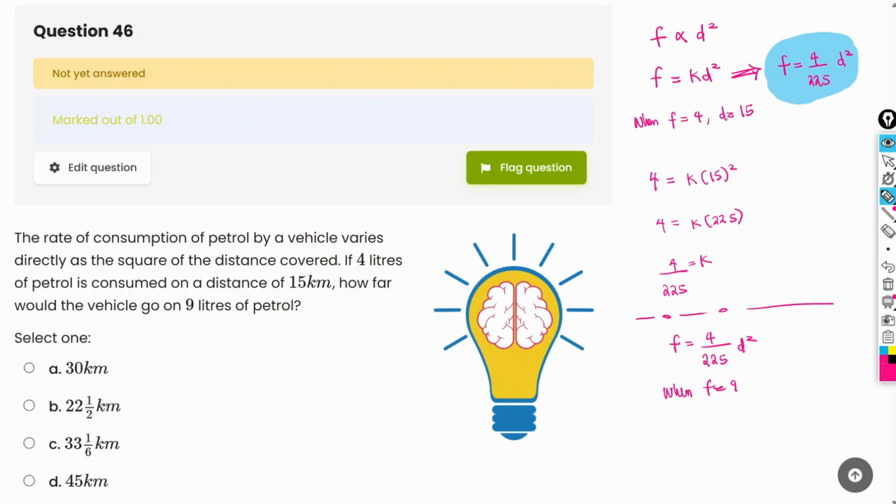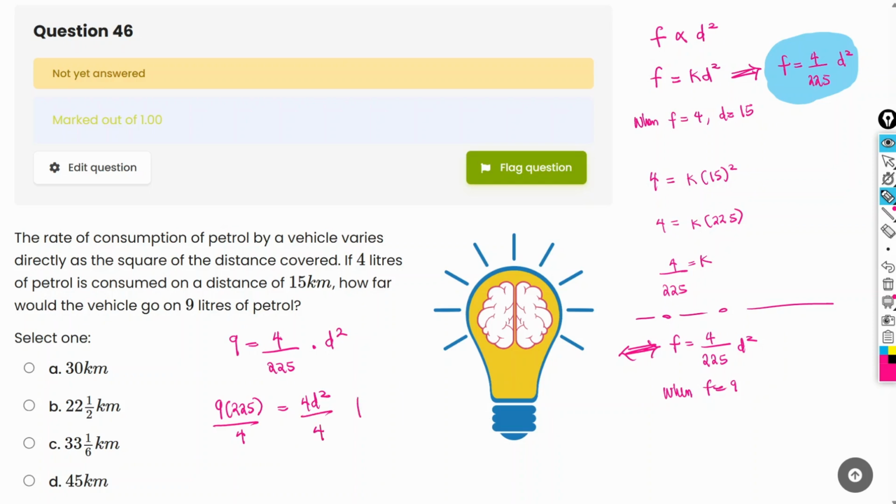If I substitute here, I would have 9 is equal to 4 over 225 times d squared. I can cross multiply this: 9 times 225 is equal to 4d squared. Dividing both sides by 4, I will have that.